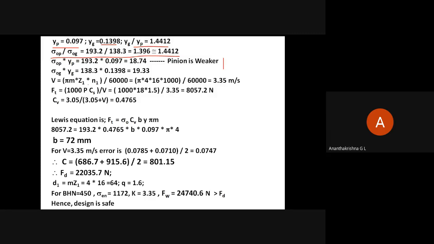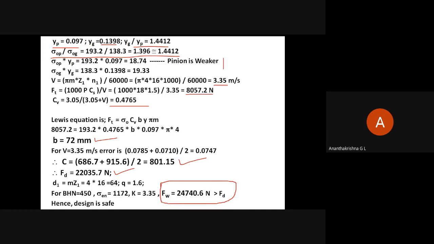Find velocity, tangential tooth load, Cv, substitute in the Lewis equation, get the value of b. Then for velocity, get the value of C from table 12.12, get the dynamic load, and then find out what BHN is suitable for wear load to be greater than dynamic load.